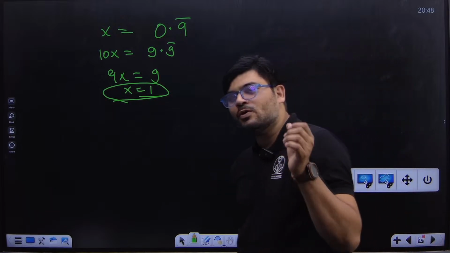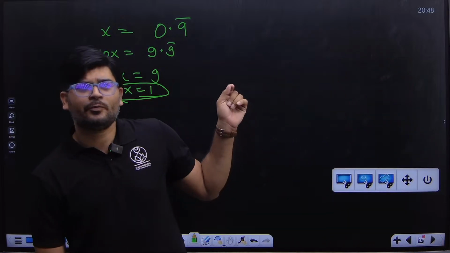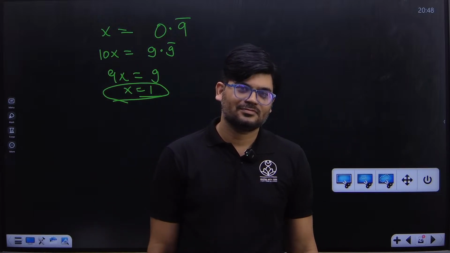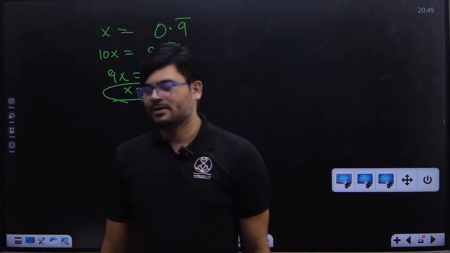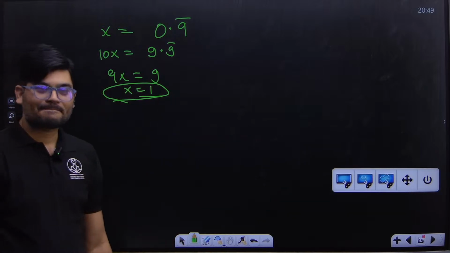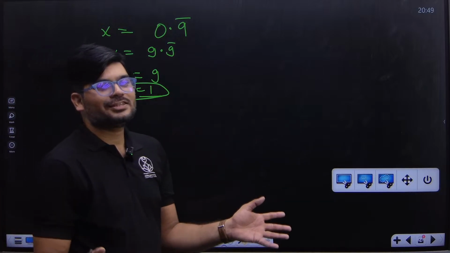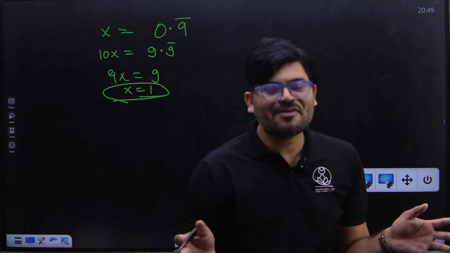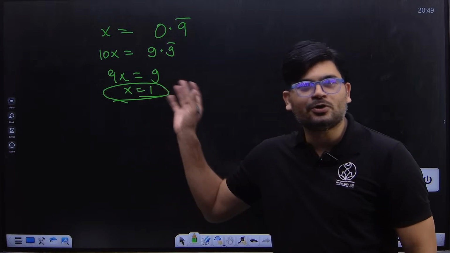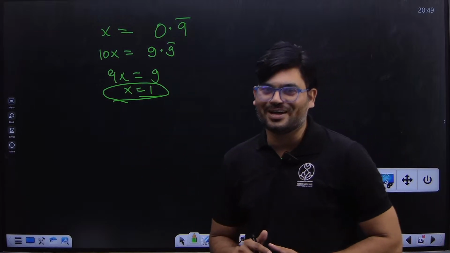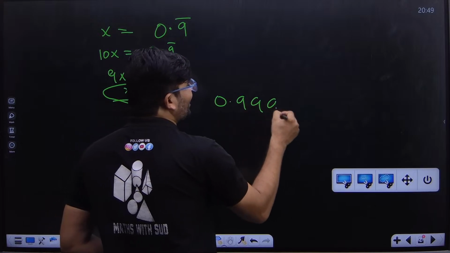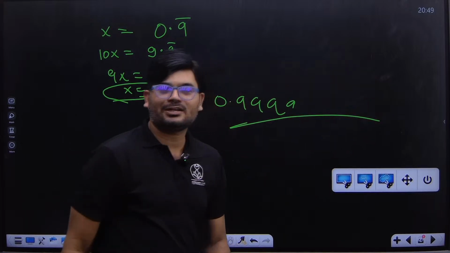If I ask you, can you tell me the difference between 1 and 0.9 bar? You will never be able to tell me. There is no difference, so they both are the same. Even if you ask God, He will not be able to tell you the difference between 1 and 0.9 bar, because 0.9 bar is 0.99999 and it goes on to infinite terms.